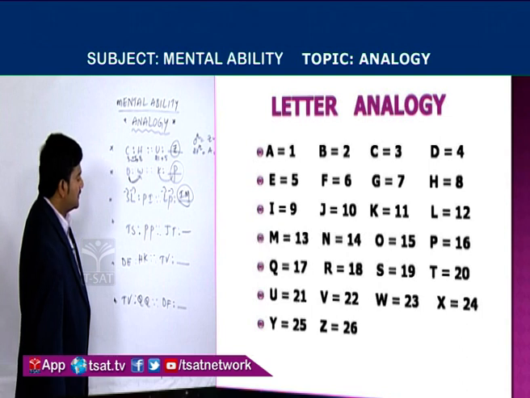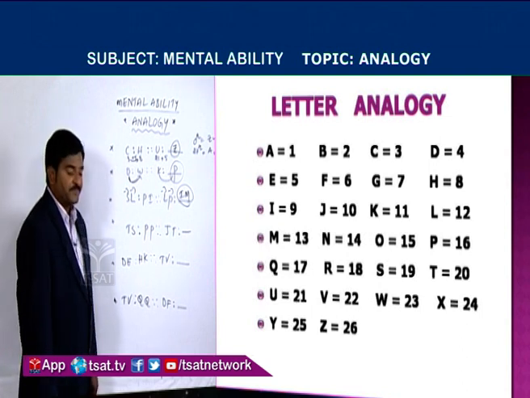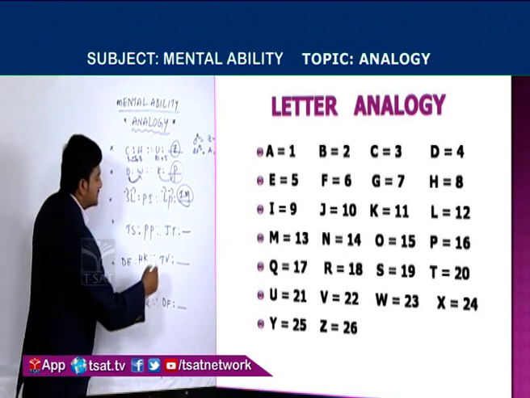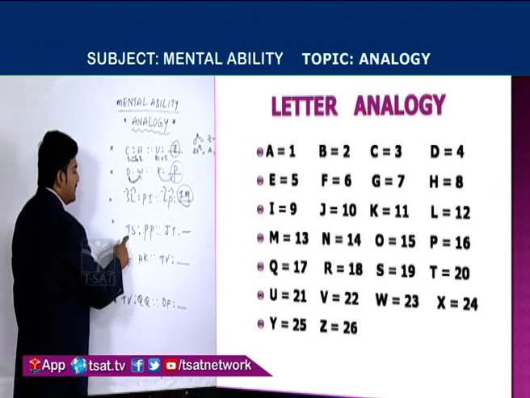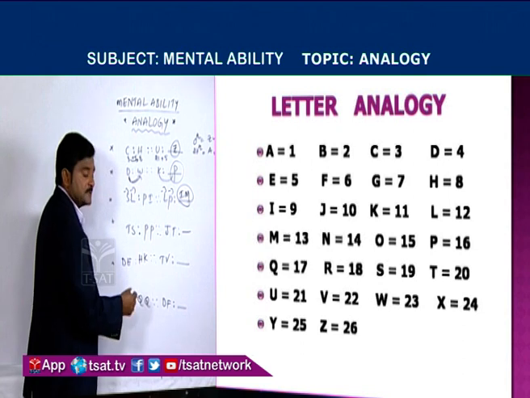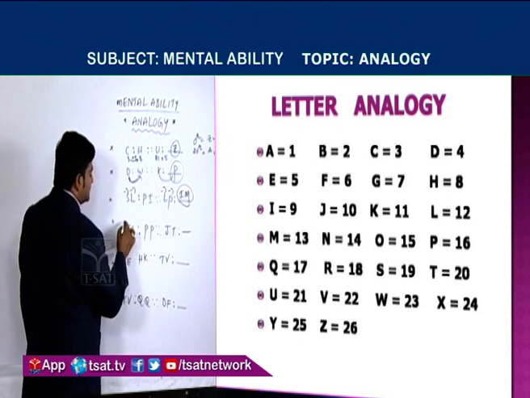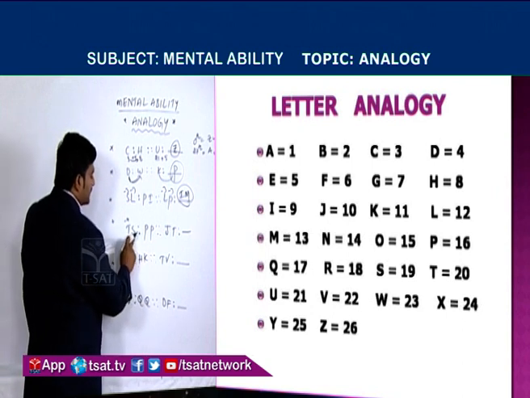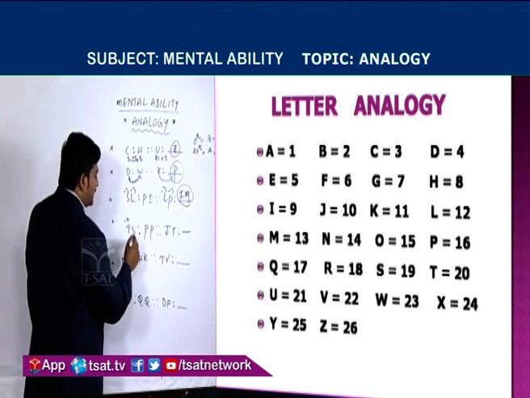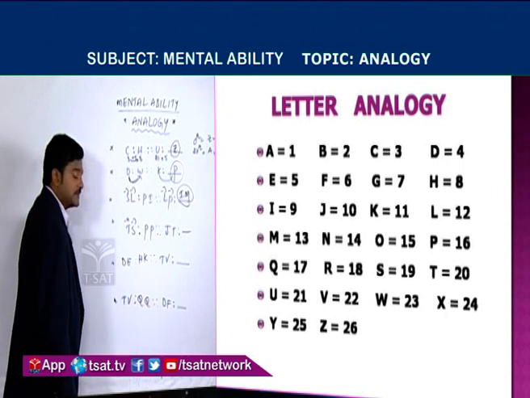Okay, simply reduced minus 3, that concept. See, observe here, TS is to PP as JT is to dash. T means 20 and P means 16. 20 written as 16, so simply reduced minus 4. Here S means 19, P means 16, reduced 3.